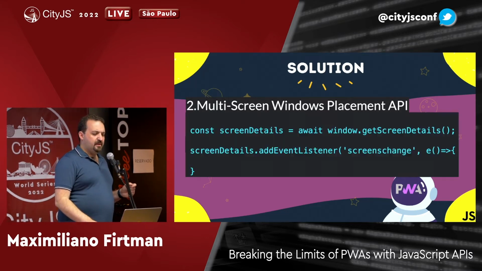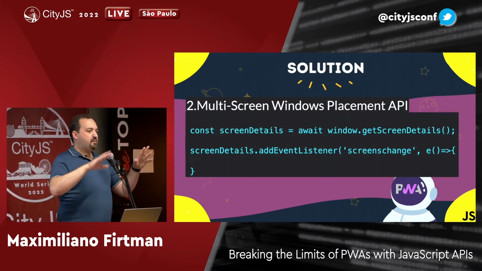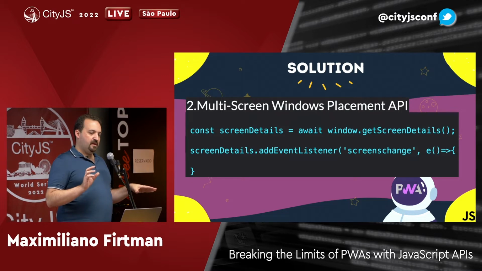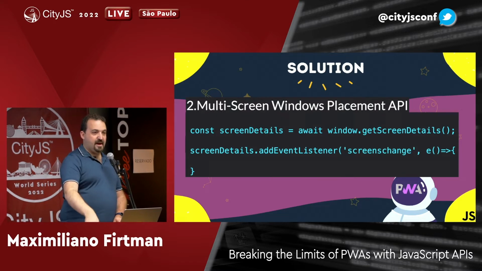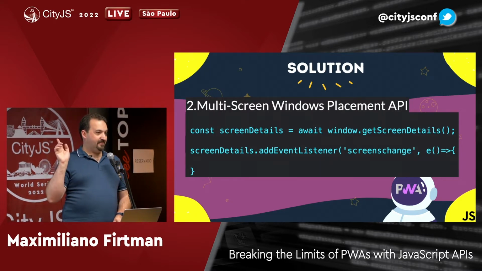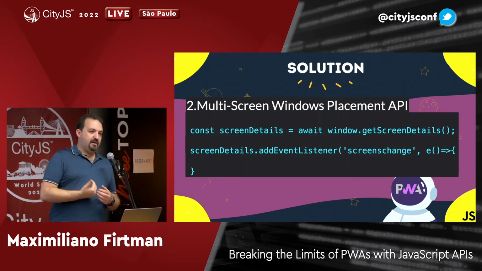With this API, you can query the current screen situation, such as, do we have additional screens? I have a primary screen right now, but I also have a secondary screen through HDMI. That's the one you're seeing there. With JavaScript, I can query about that.